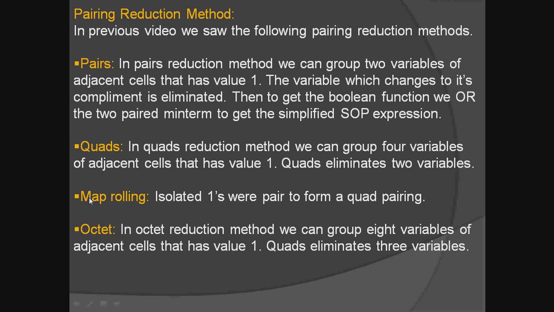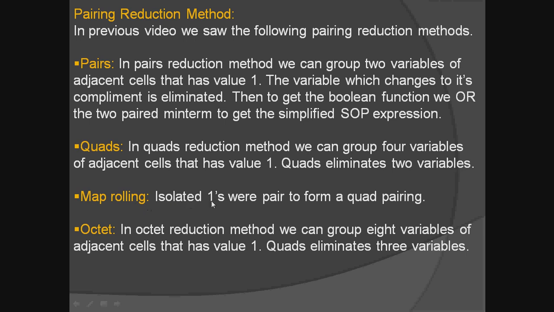Now map rolling. Map rolling is also a part of quads. Isolated ones are paired to form a quad. Map rolling is explained in the previous video.